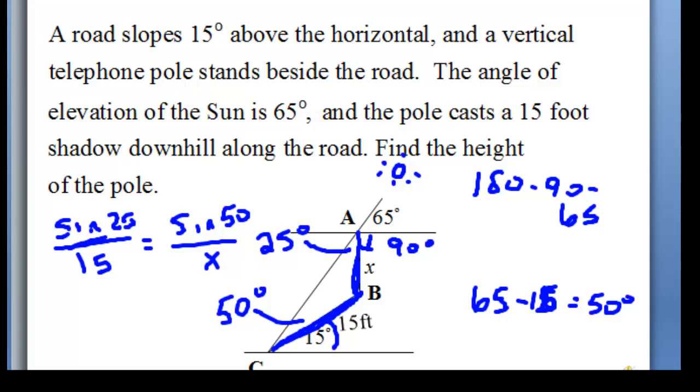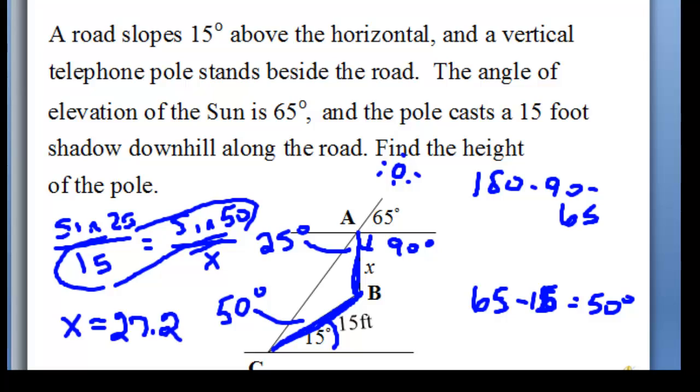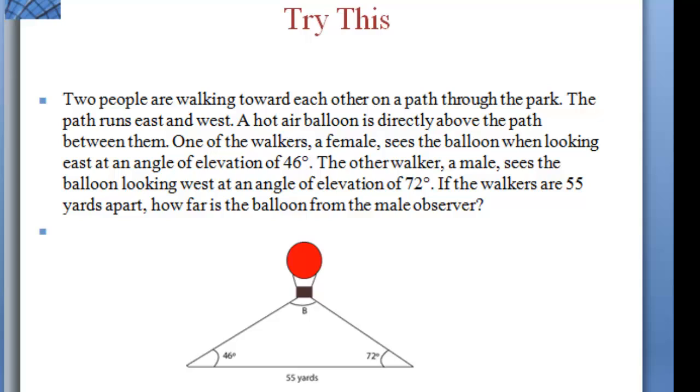Multiplying on the diagonal, 15 times the sine of 50, and then dividing by the sine of 25 tells us that x is approximately 27.2 feet high.